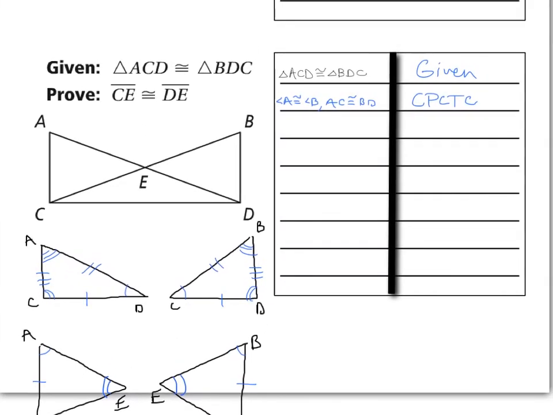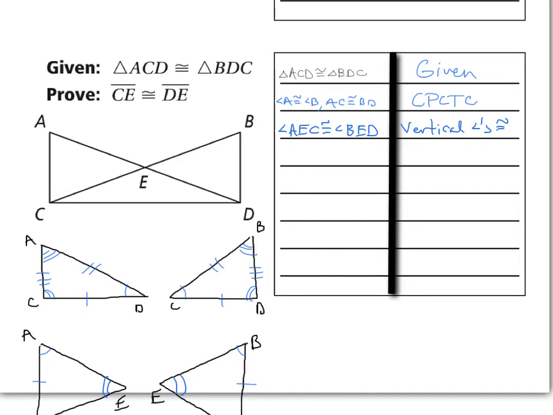I said angle AEC is congruent to angle BED, which are the two verticals. Vertical angles are congruent. Okay, so now I know that those are congruent.